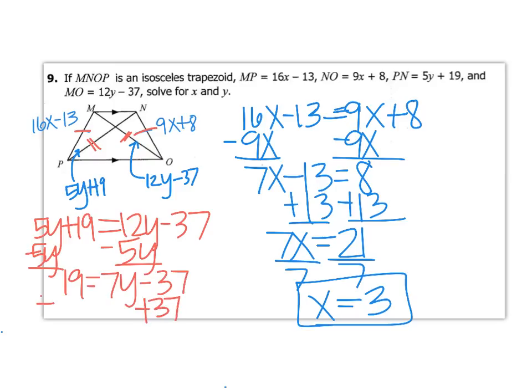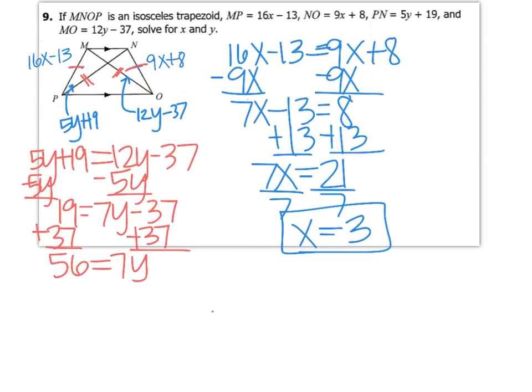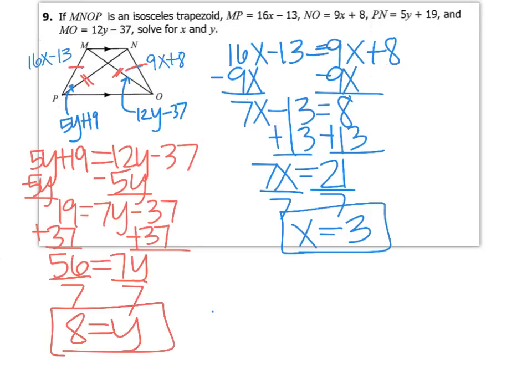All of our constants or our numbers to the other side of the equal sign. So we get 56 equals 7y. Let's move this up so we have some space. Divide by 7, divide by 7. Y equals 8. And our problem's asking us to solve for x and y, so we are done.